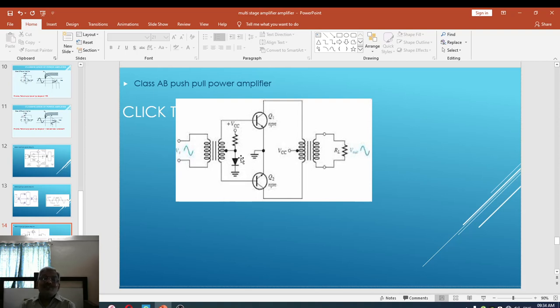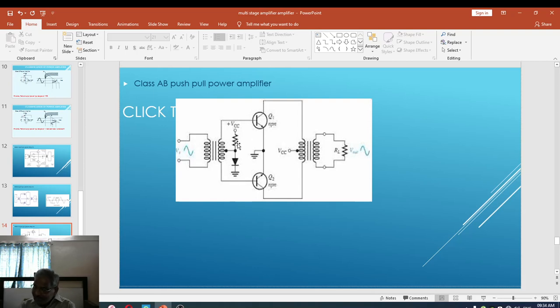When the input signal arrives and the positive signal reaches this particular point, it is forward biased and develops voltage across resistance R. But when the negative half cycle arrives, it is reverse biased. It doesn't conduct and doesn't develop the voltage.